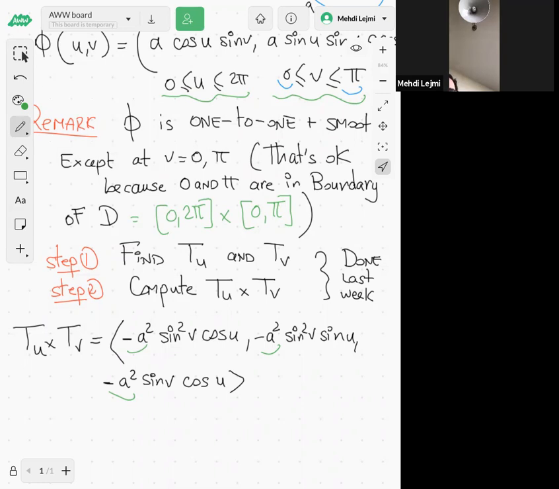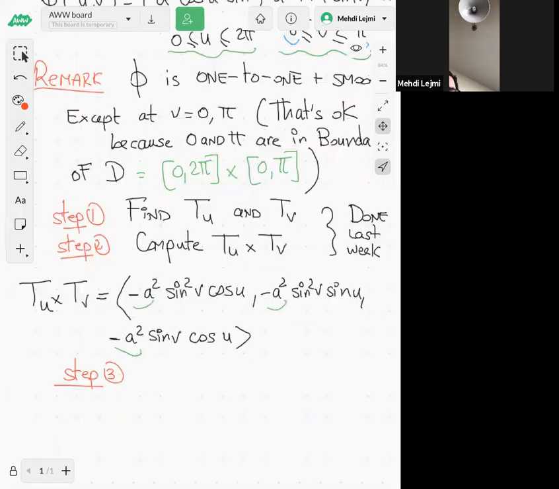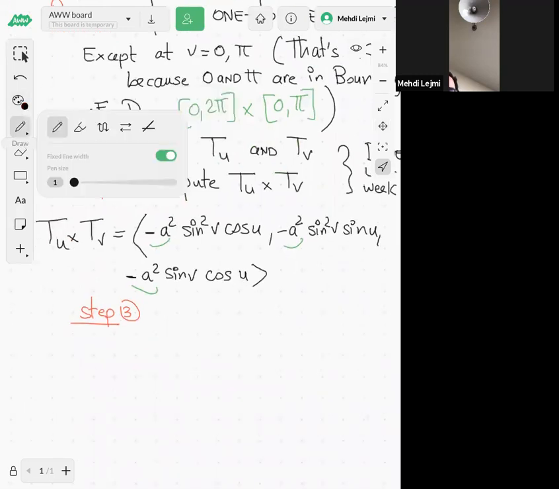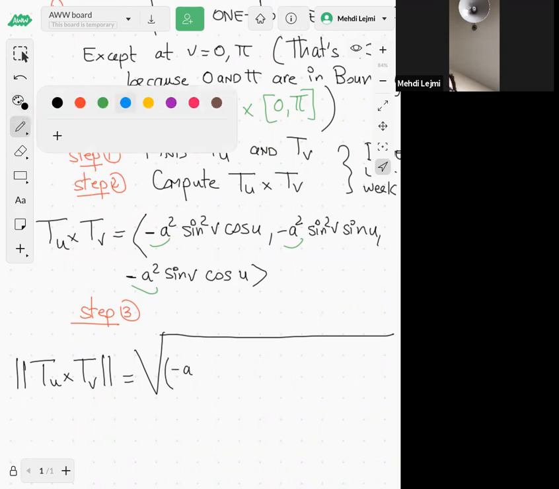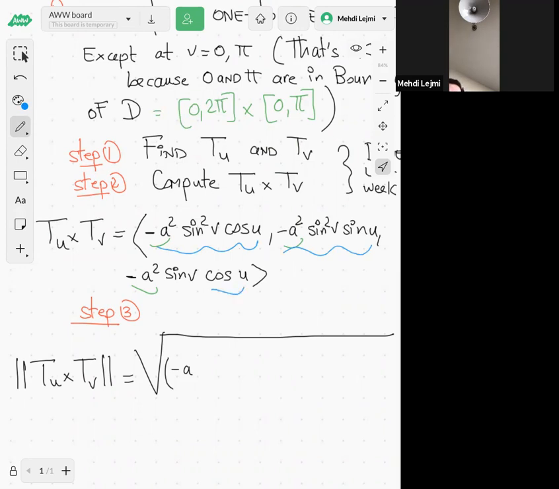Now step 3: you have to compute the magnitude, or the length, of this vector. What do I mean by the magnitude? That's the square root of the square of the first component, plus the square of the second component, plus the square of the third component.